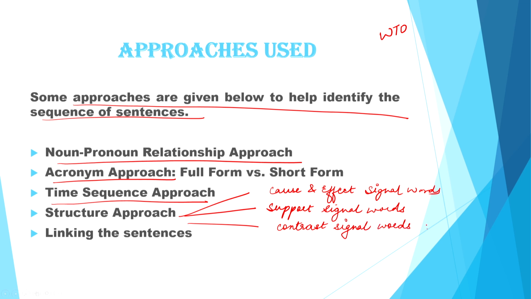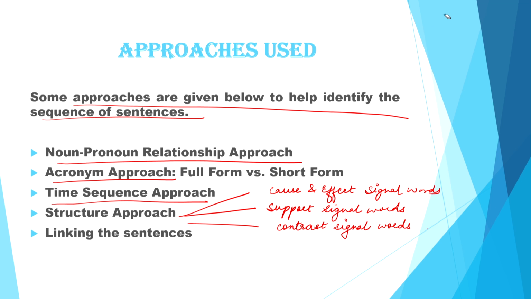Now, let us discuss them one by one. So, coming to cause and effect signal words. So, basically, look for words or phrases explicitly indicating that one thing causes another or logically determines another.